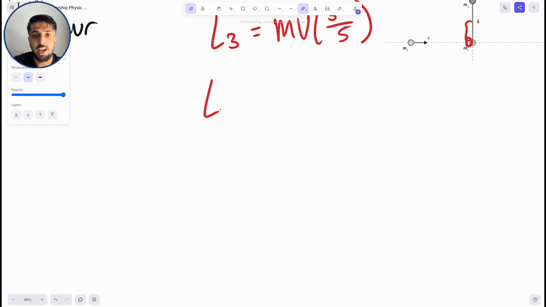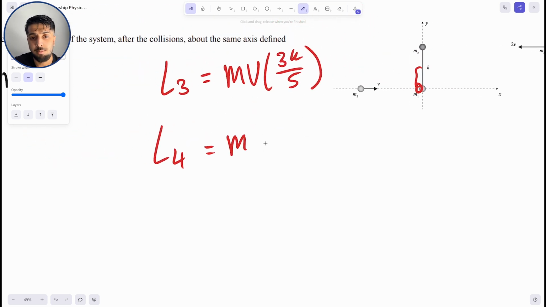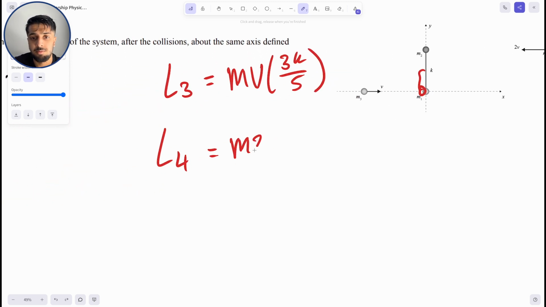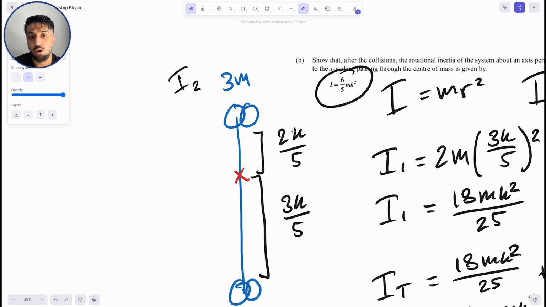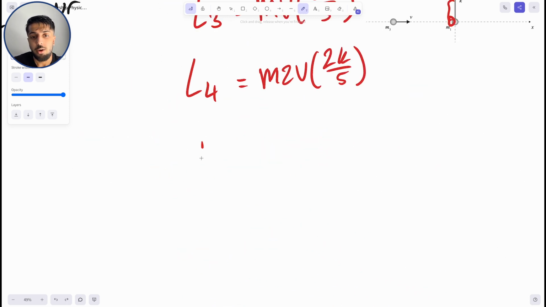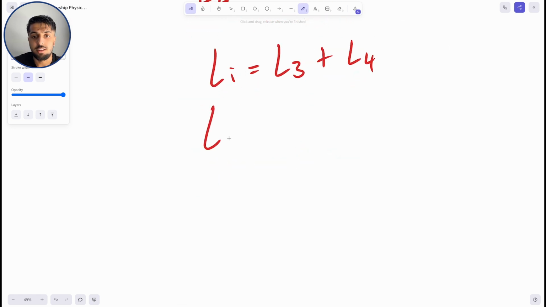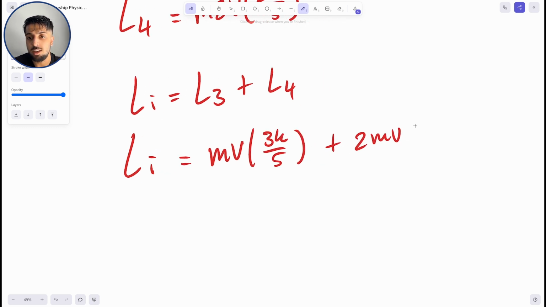Similar thing for the angular momentum of mass 4. It has a mass of 1m, however it has a velocity of 2v and a radius of 2k over 5. Our angular momentum initially is going to be the angular momentum of L3 plus L4, and therefore initially mv(3k over 5) plus 2mv(2k over 5).